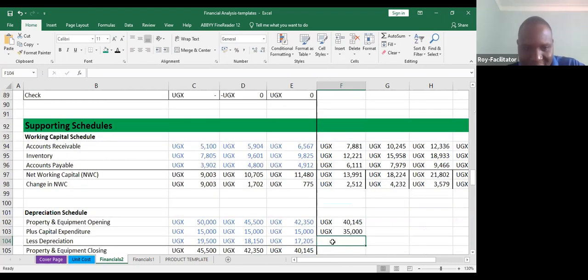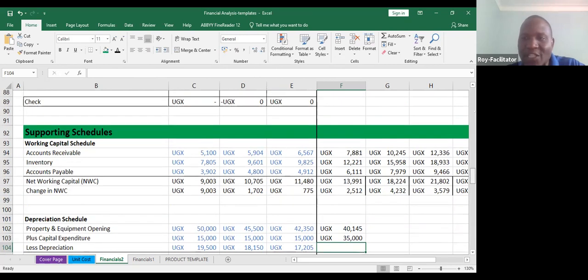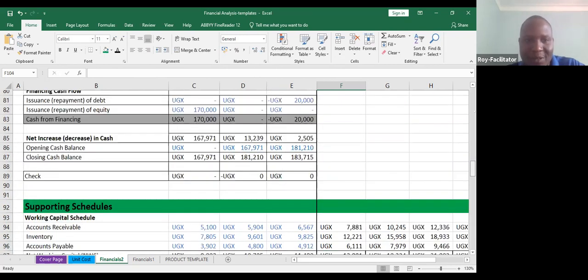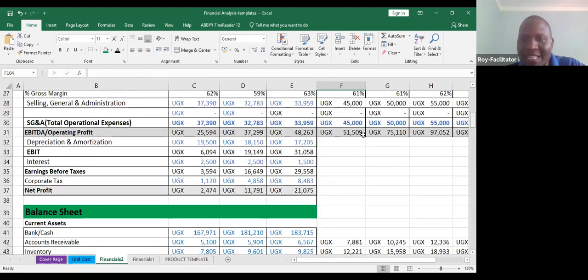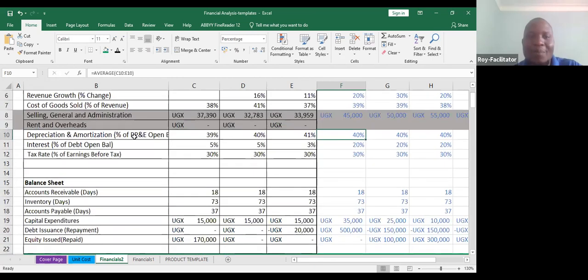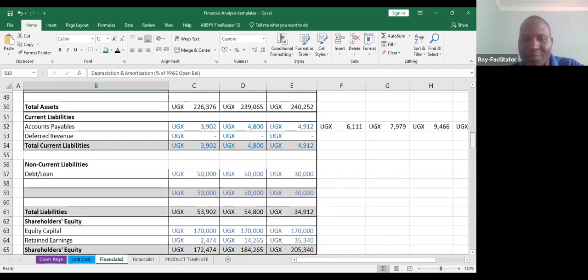Then what is the depreciation? The depreciation, we made an assumption here. The depreciation is a percentage of the opening property and equipment, as you can see. So I'll just take this percentage and multiply it to compute the depreciation.